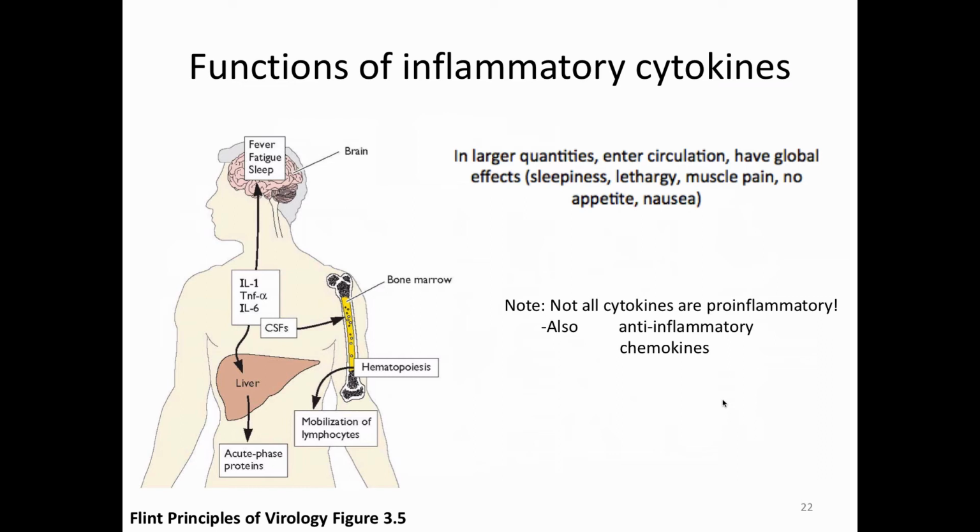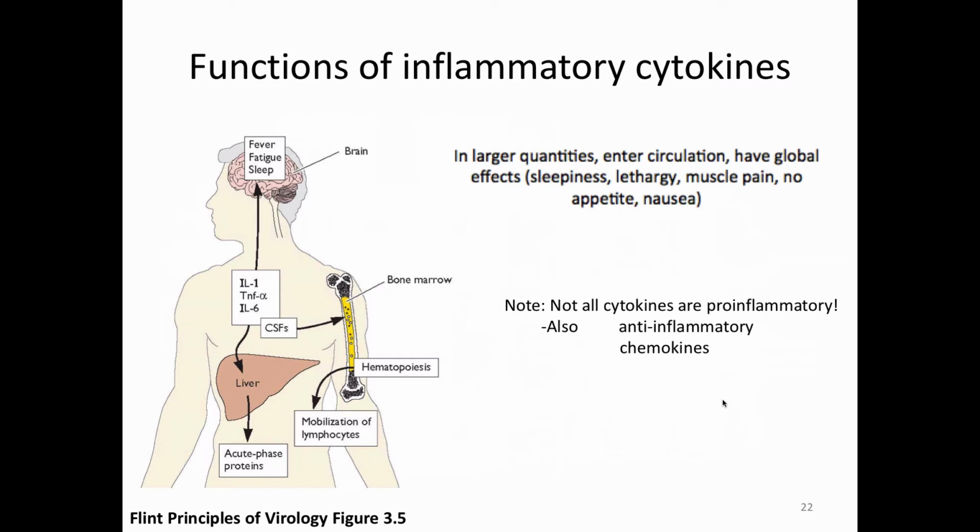So if you had a fever and you really wanted to come to class today, what would you do? What might you do before class? You might take ibuprofen or aspirin. Ibuprofen and aspirin have a very specific mechanism of activity.